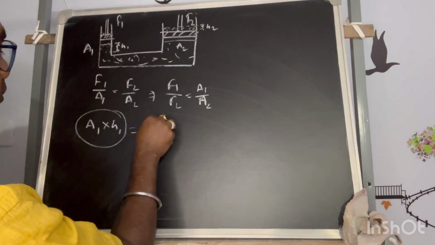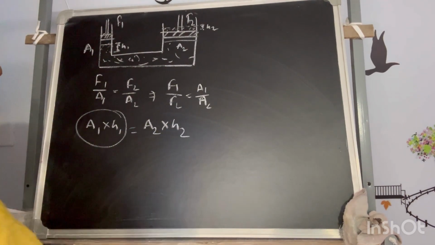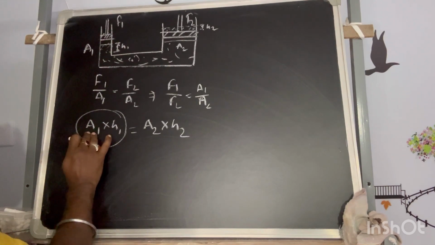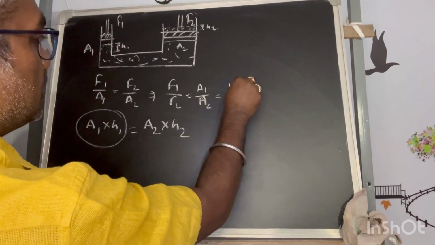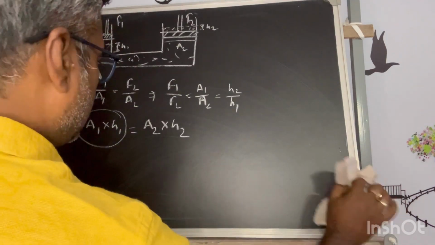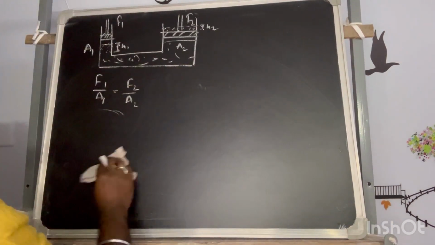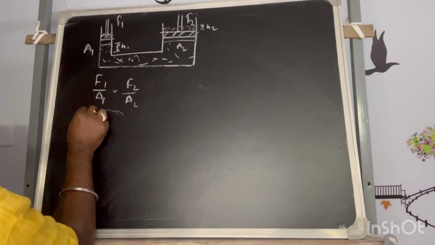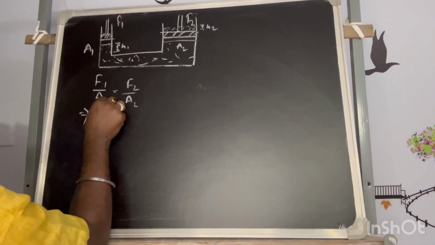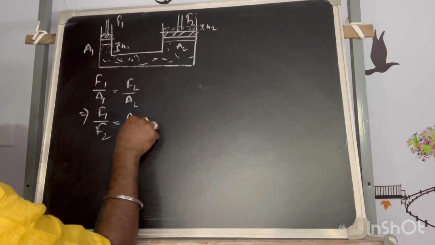Due to the incompressibility of the fluid, the volume flow rate will be the same, A1 H1 equals A2 H2, and that is transmitted into this equation. This also can be done in another way, because this is due to equalizing pressure.